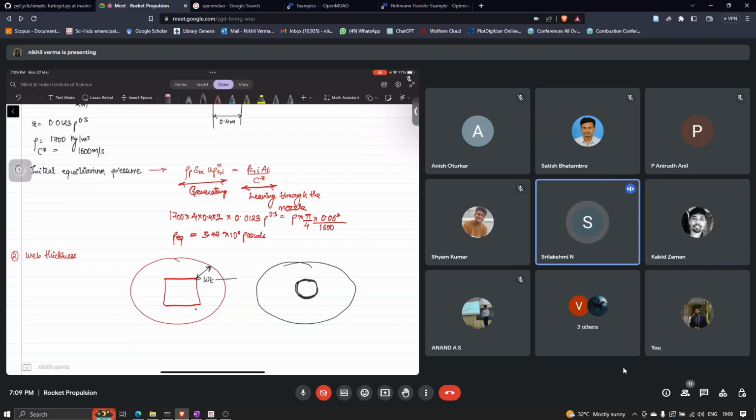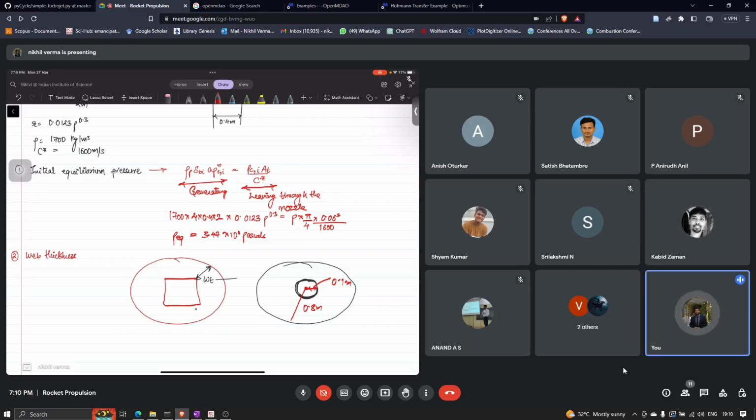Yeah, I too had the same question. The inner port diameter was given as 0.1 meter and the outer diameter was given as 0.8. The question was what is the web thickness, and the correct answer was given as 0.7.